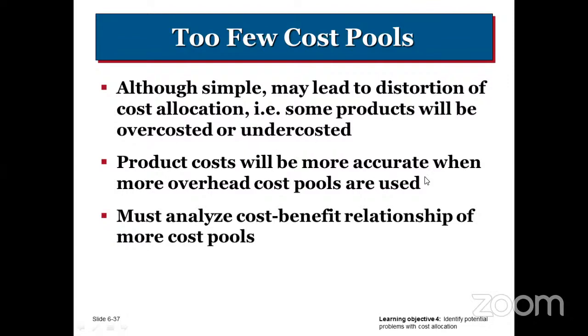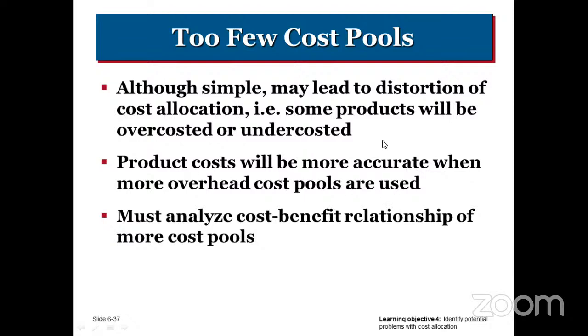Product cost will be more accurate when more overhead cost pools are used. Very easy, because you look at this example: you use more accurate information, then you will give a more accurate allocation of the cost. But if you use one allocation base, for example machine hour, then it is not so accurate.